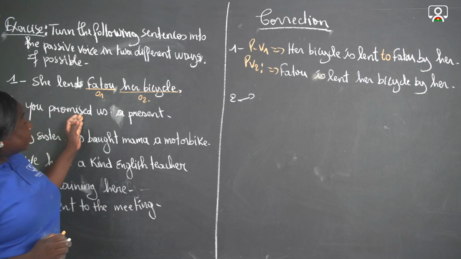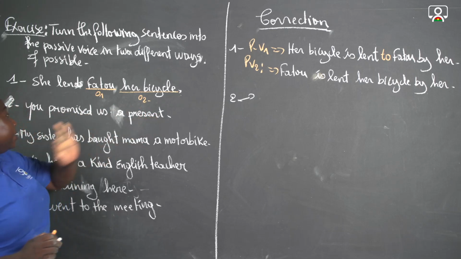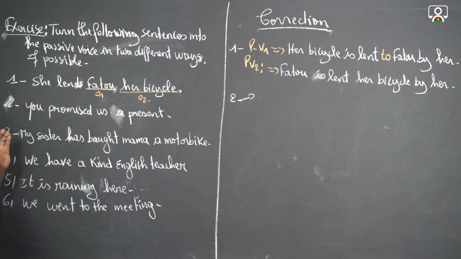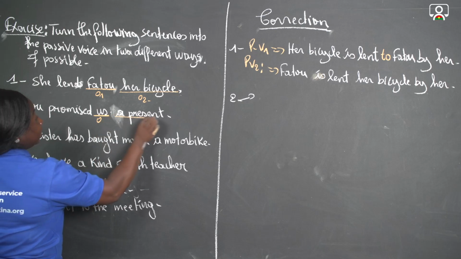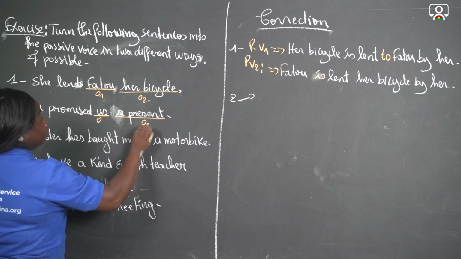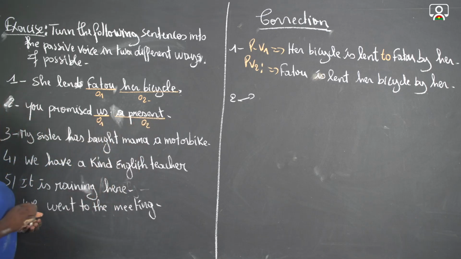You promised us a present. Okay, we have the subject. The verb is to promise. But let's see whether we have two objects. Us here is an object. A present also is an object. The second object and the first object.